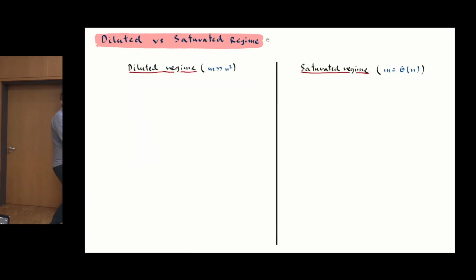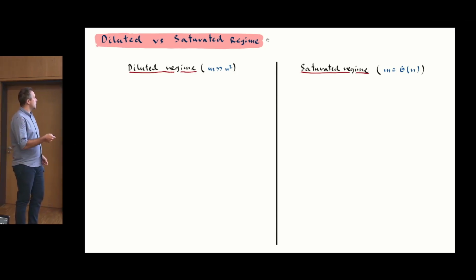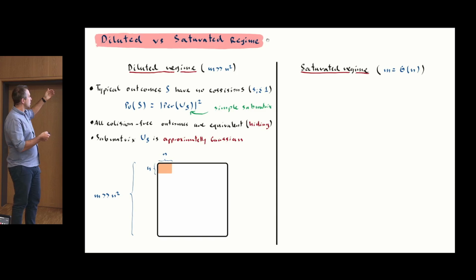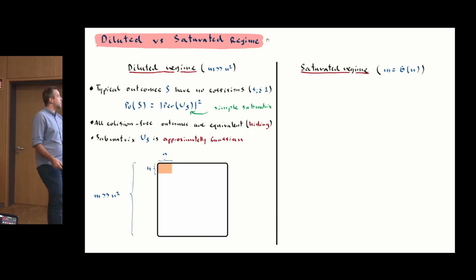So let me compare those two cases for you. The diluted regime. Here, typical outcomes that we observe when we put in a highly random unitary do not have collisions, so we're not going to have photonic bunching.